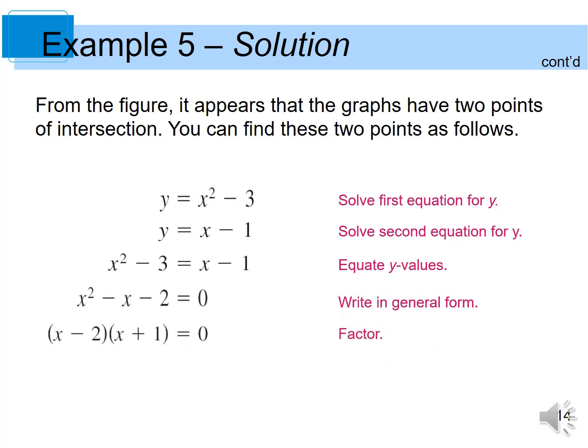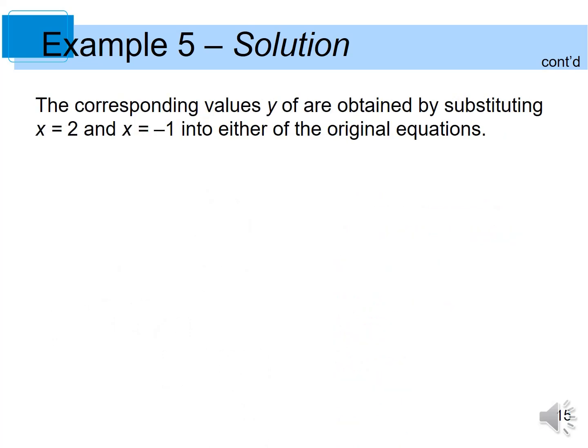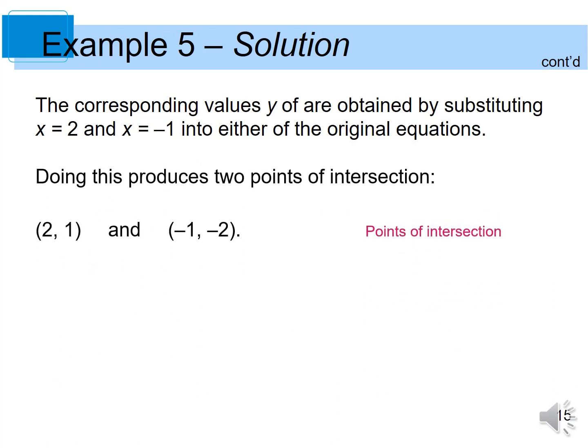You factorize this equation and solve it for x. After you obtain the x values, you can substitute into either of the two given equations to produce the y values. Lastly, 2 points of intersection are obtained.